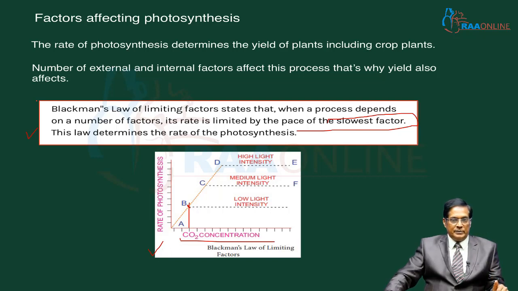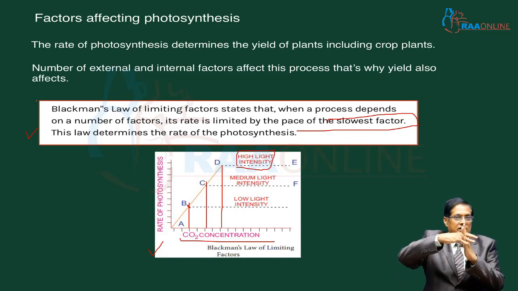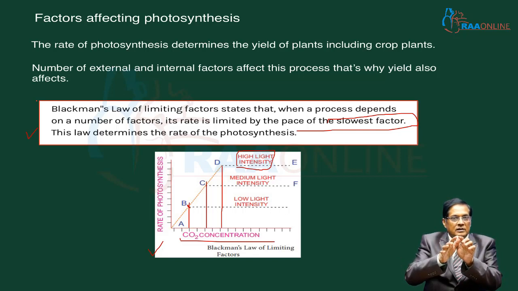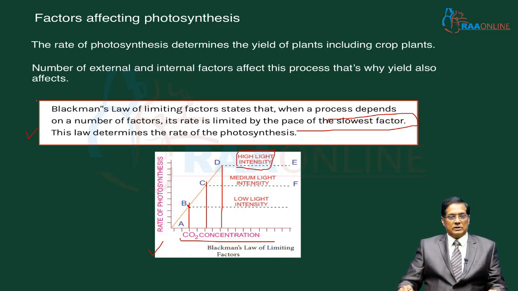If medium intensity of light, this much carbon dioxide is required. After that, the rate will not increase. At high light intensity, this much carbon dioxide is required. Beyond this, the rate will not increase. There is a certain amount of carbon dioxide in those conditions, and only up to that limit can the rate be controlled. After that, that factor will not be the limiting factor.